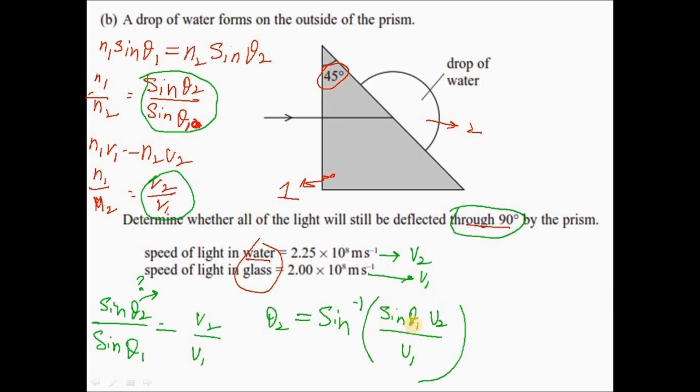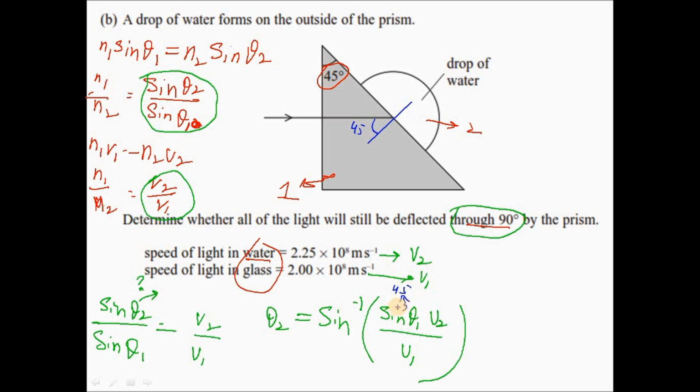And what about theta 1? Theta 1 is the angle in medium 1. If you see in your diagram, this is your medium 1 and this is the boundary, so you can visualize a normal line, and this is the angle in medium 1. Of course, if you use your geometry, this angle should be 45. So theta 1 is 45.